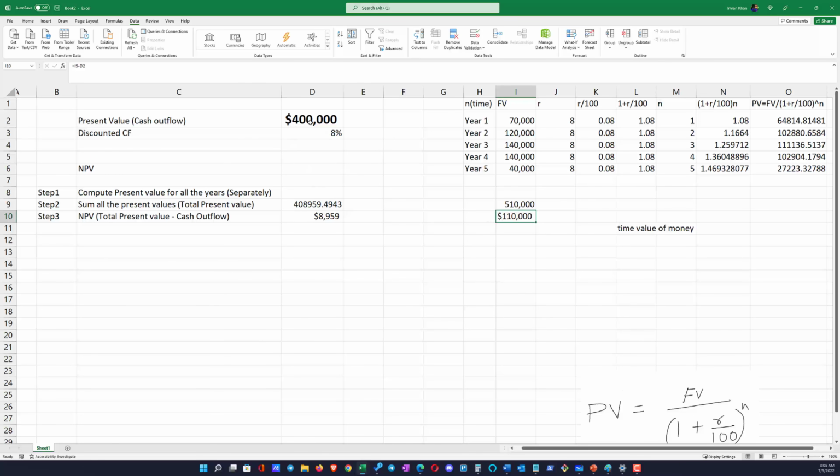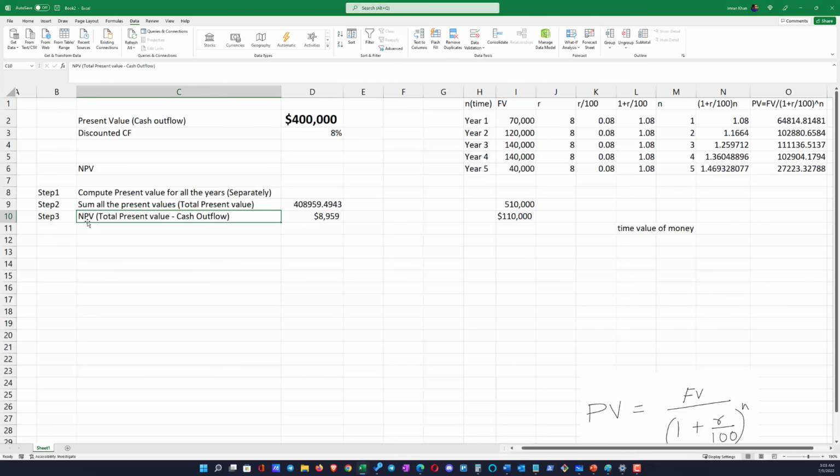The reason is, this is the amount that you're spending on the present day, but these are the amounts that you're getting in the future. You cannot just subtract the future amount from the present amount. You need to do one of two things: either you take this to the future and then do the subtraction, or you bring these numbers to the present and do the subtraction.